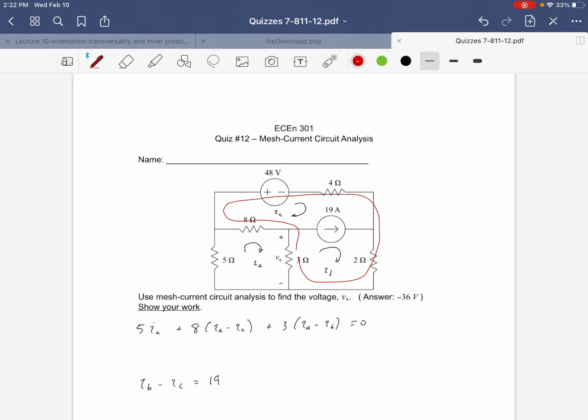All right, so we're going to have 3 times (IB minus IA), that's that 3 ohm resistor, plus the 8 ohm resistor will be 8 times (IC minus IA), plus 48, plus 4 times IC, plus 2 times IB equals 0.